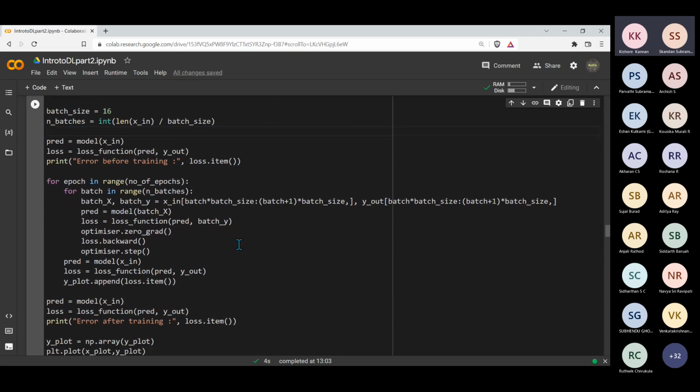And again, only this part will be different compared to gradient descent. Here we have another for loop to iterate over the batches. We have to select data in batches, so for that we slice the data set in this way.